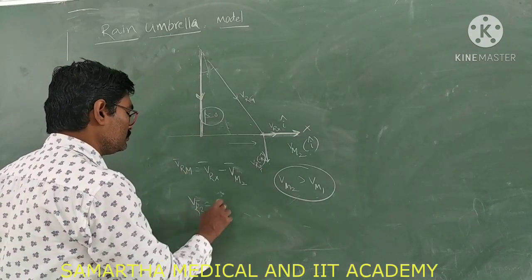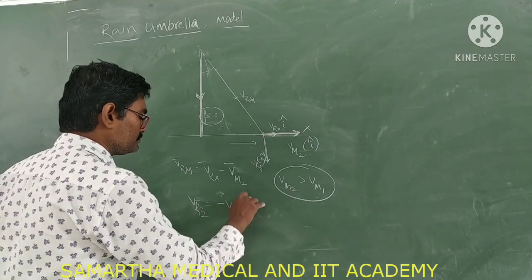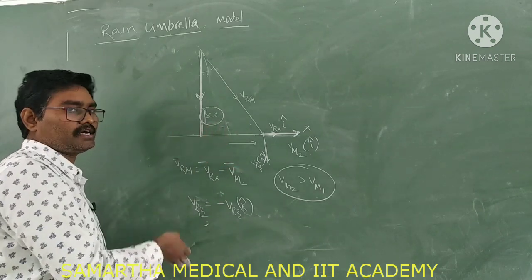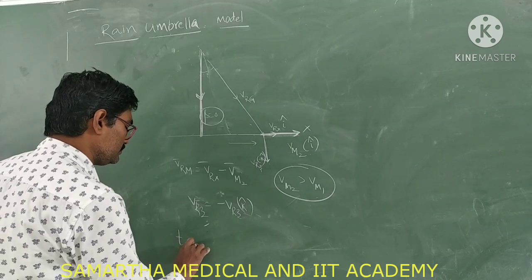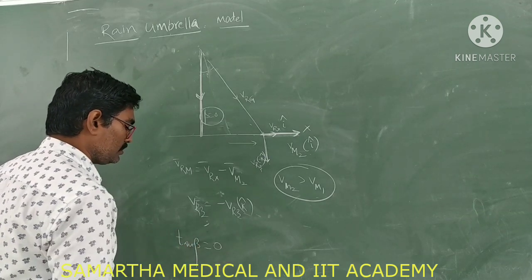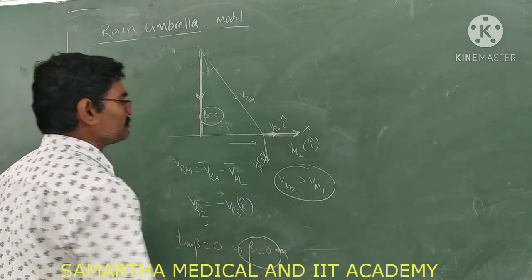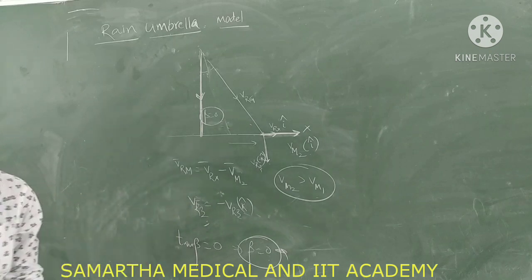Vr is equal to minus Vrz k cap, that is the velocity of rain in the vertical direction. Finally, tan beta will be 0, so beta is equal to 0. That means it is matching with the vertical. That is the next case.